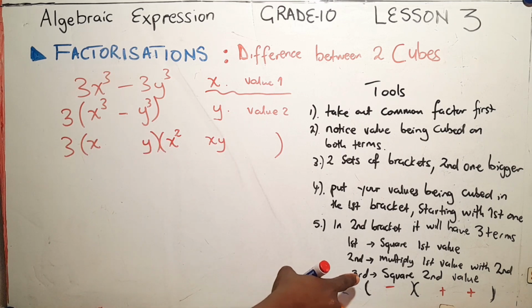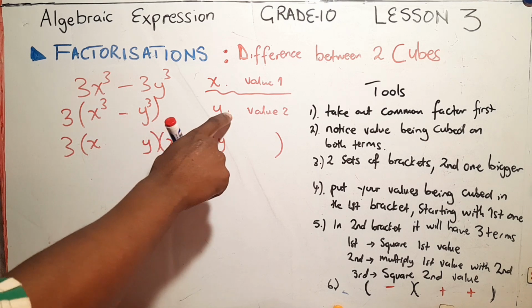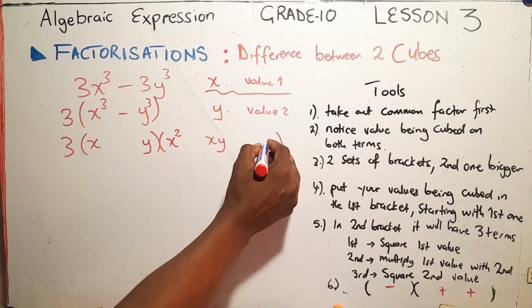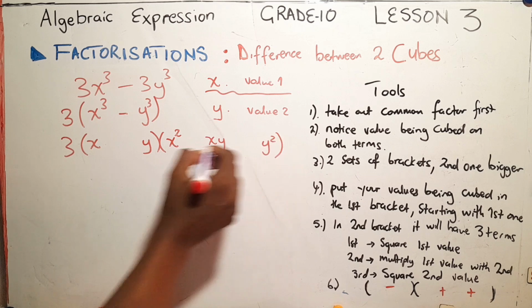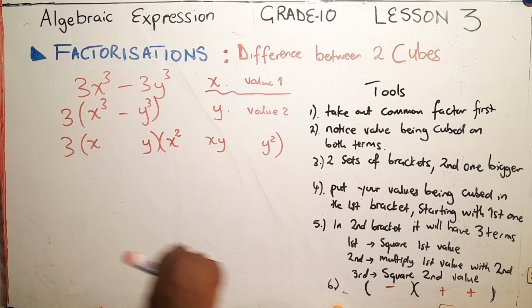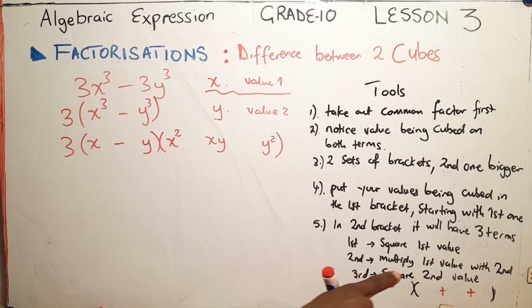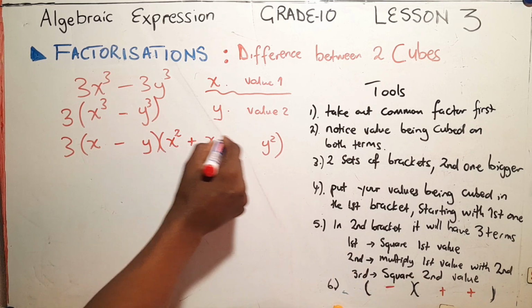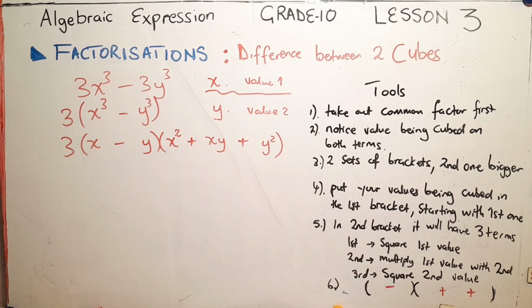And to get the third term in this bracket, we square the second value, so this is y squared. And now for the signs, we put minus in the first bracket and then plus in the second bracket. And now that is factorized like that.